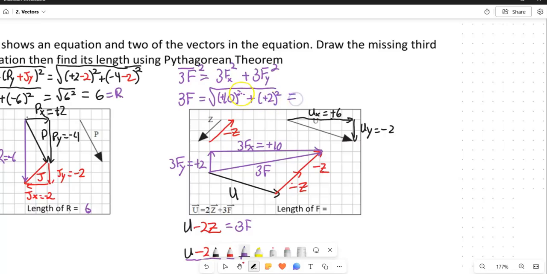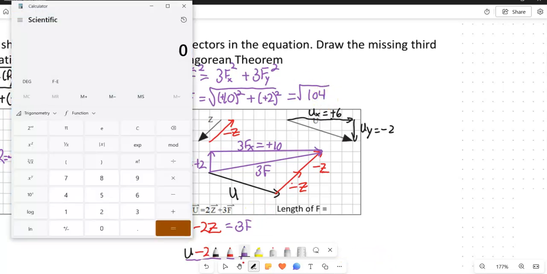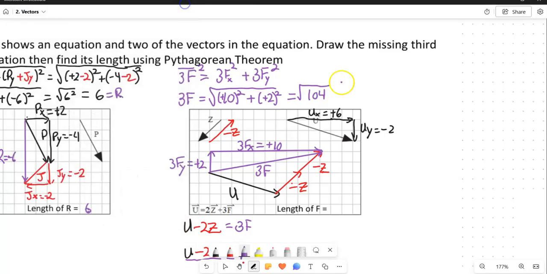So this is going to be the square root of 104. So the 3f vector length is the square root of 104, which is 10.2.